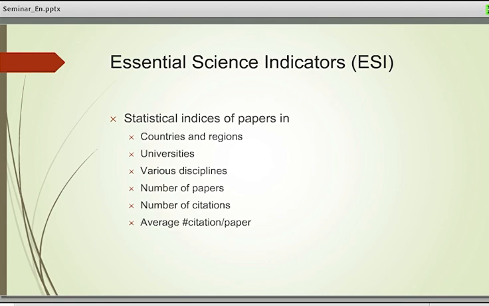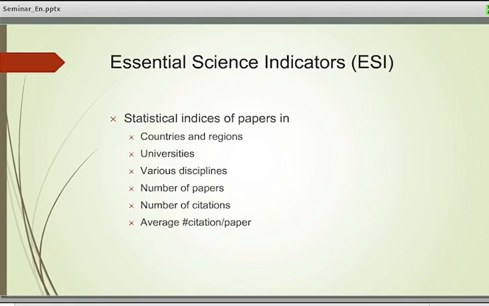How do we know whether a journal or a paper is a good one or not? Whether a journal is a reliable source or not? There are statistical indices regarding the papers and the journals, which will help us to rank them.